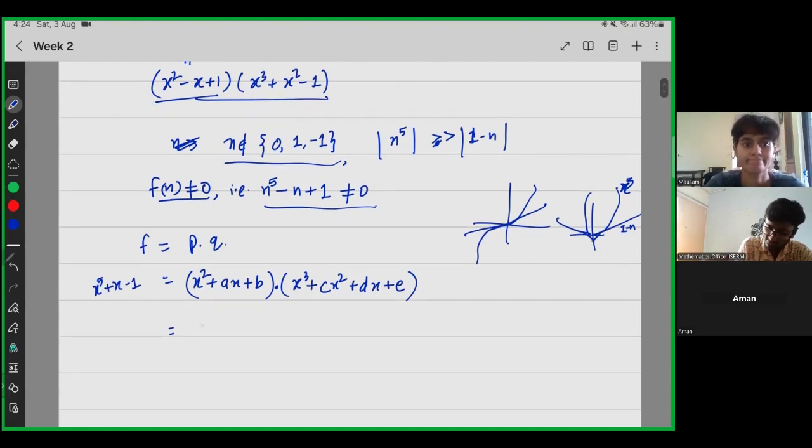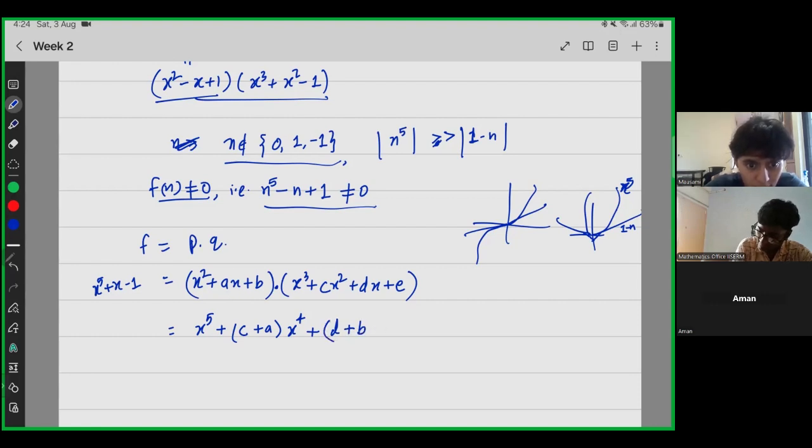So what will be the product of these polynomials? x^5 plus (c plus a) x^4 plus, for the x^3 terms, (d plus b plus ac) x^3. If I'm incorrect somewhere, you can correct me.